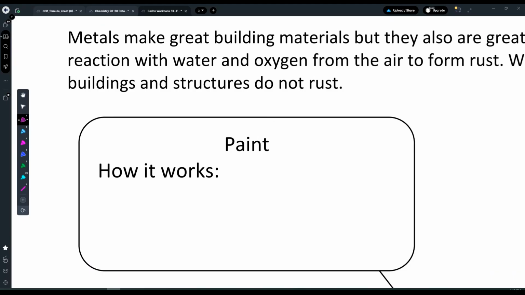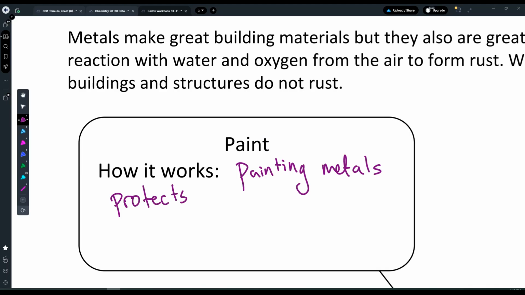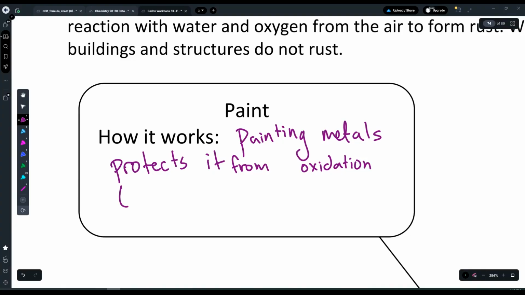If you've ever noticed a scratch on the side of your car and it begins to rust, that's because it no longer has the protection of the paint to keep it from rusting. So painting metals protects it from oxidation, which is just a fancy word for rusting.